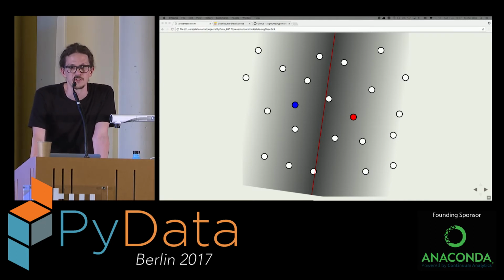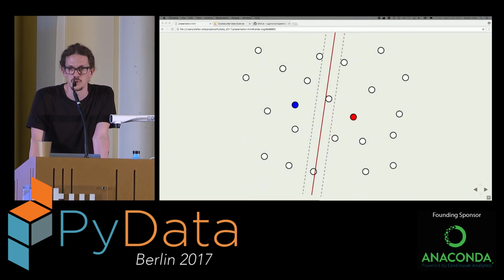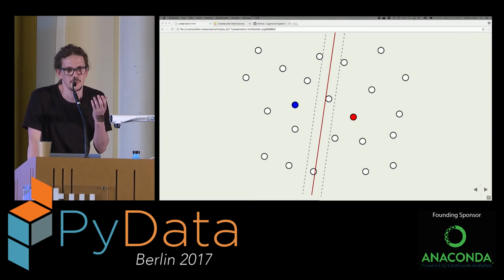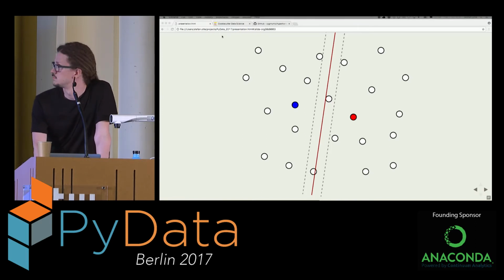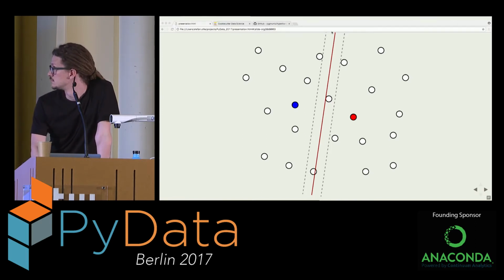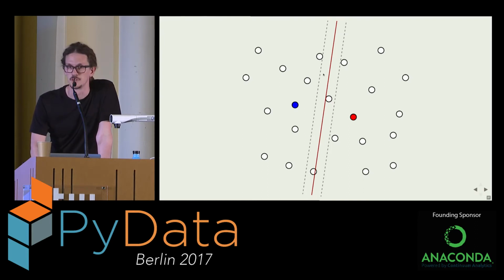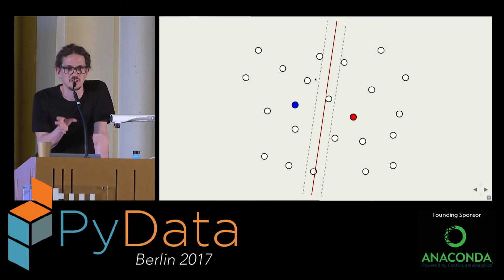Or maybe we use a special model. Let's say we use a support vector machine, right? The only real points that are of interest to us are potential support vectors, because only they influence our cost function, right? So everything in between the decision boundary there, that is of interest, basically.